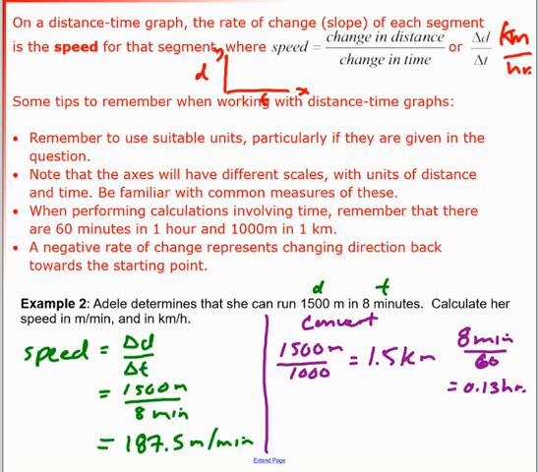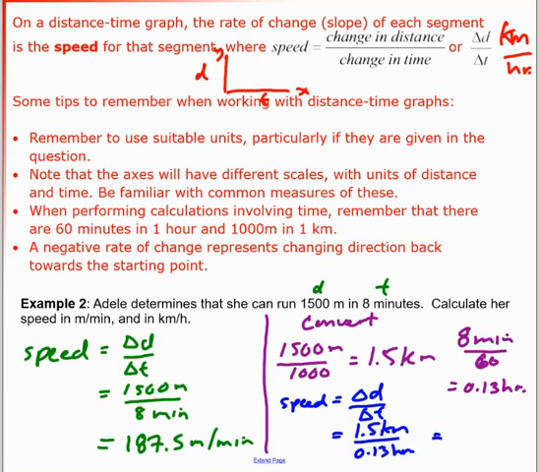So using the same idea over here, speed equals our distance divided by our time. Speed is 1.5 kilometers divided by 0.13 hours.